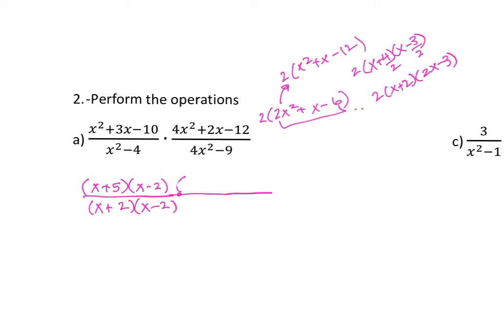So, go and do that. We have 2 times x plus 2, 2x minus 3. And in the denominator, that one's a little bit easier. We have 2x plus 3, 2x minus 3. All right. Now let's cancel out any common factors.